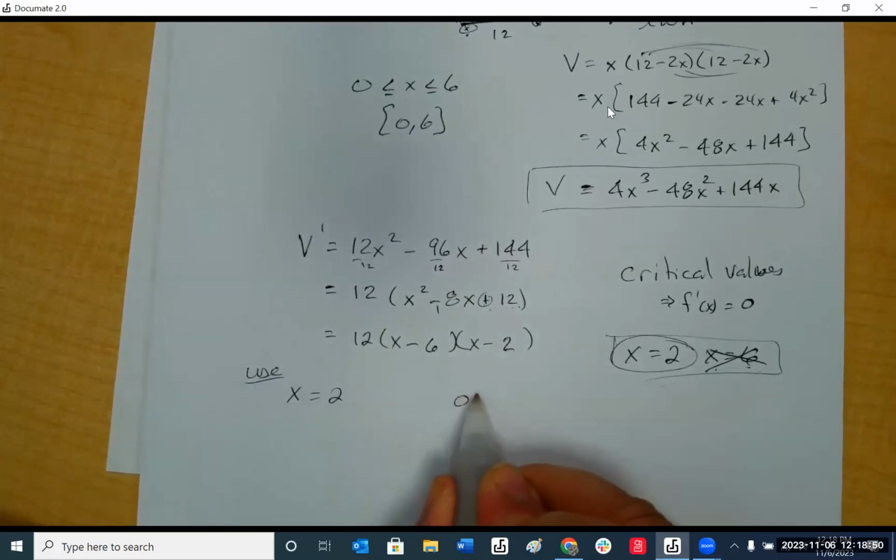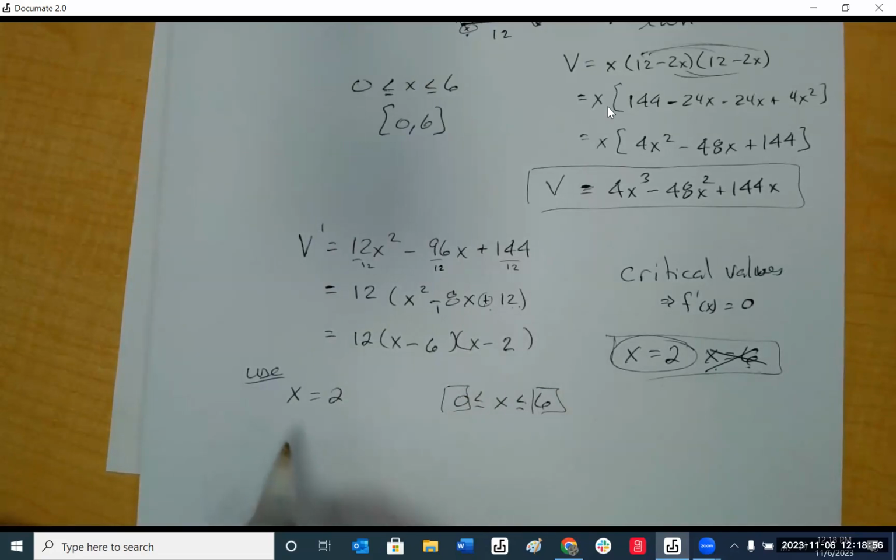And remember our domain, we also have to try the endpoints. That's another reason you can't just use x equals 6. Yes, because we always have to try the endpoints.